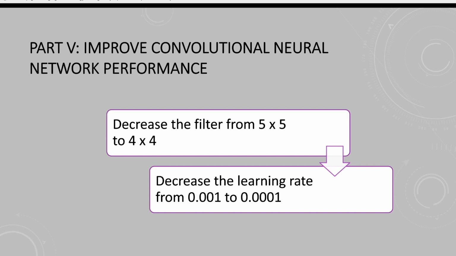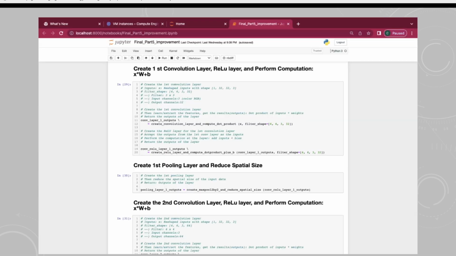And I also decreased the learning rate from 0.001 to 0.0001, because the smaller the learning rate, the more accurate it gets by theory.